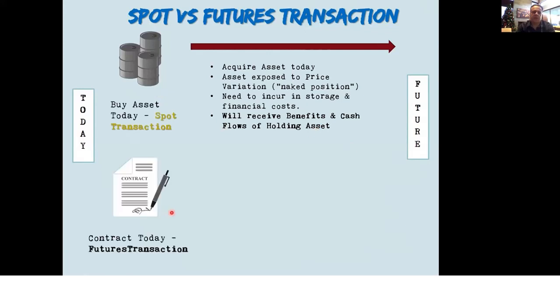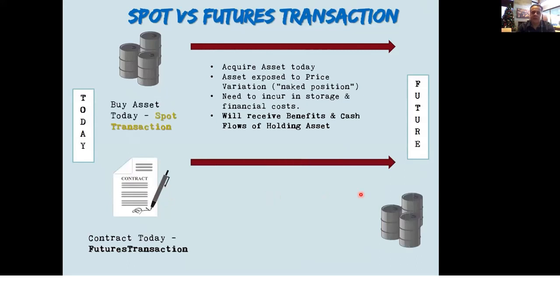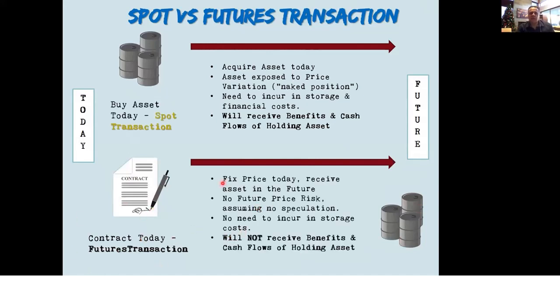Now, if instead of purchasing the asset in a spot transaction, you decide to do a contract in which you commit to either buy or sell that asset in the future, in that case, you will receive or deliver that asset in the future, but you will commit to it today. So in this case, you will fix the price today, but the transaction will be settled in the future.